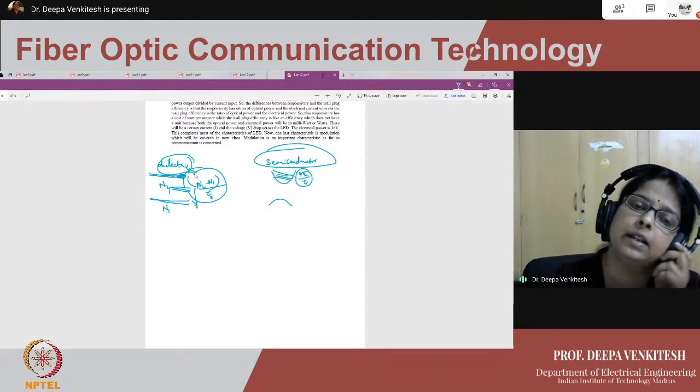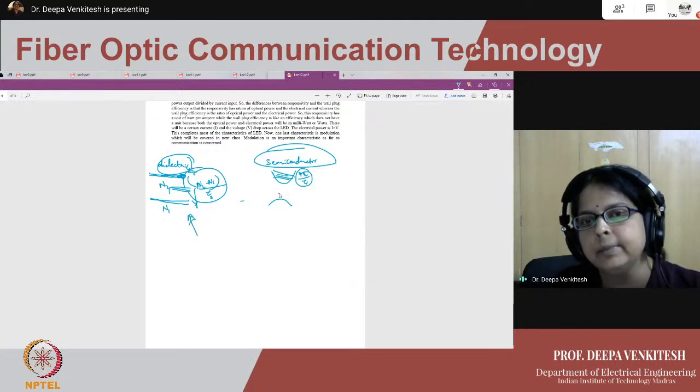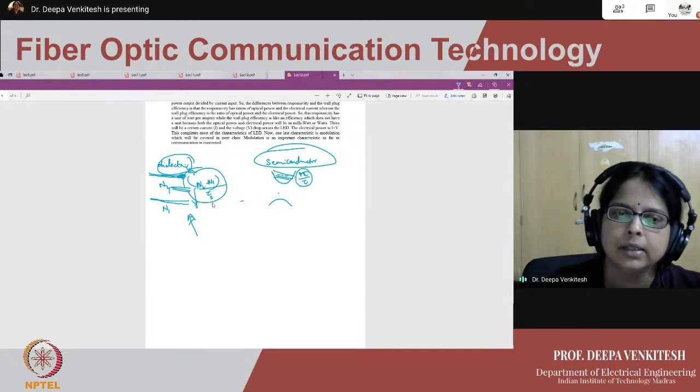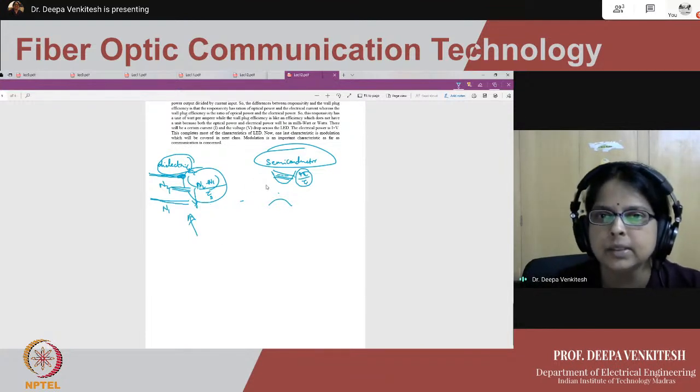In general, the dopant concentration that you can have in a dielectric, if I understand correctly, is more than what you can have in a semiconductor. So it turns out that you will always get larger light output from a dielectric source than a semiconductor source.